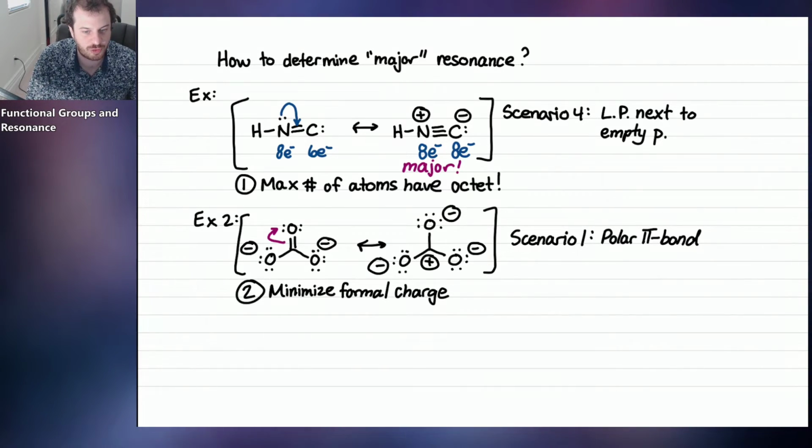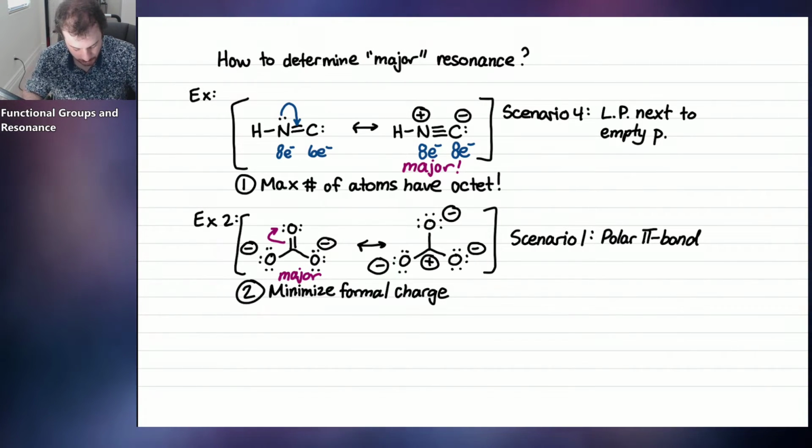You want as few formal charges as possible. So in that case, the first structure here is going to be major because you would like to minimize the number of formal charges. In the first structure, we only have 2 formal charges. But in the second structure, we have 4 formal charges. So that's the second rule.